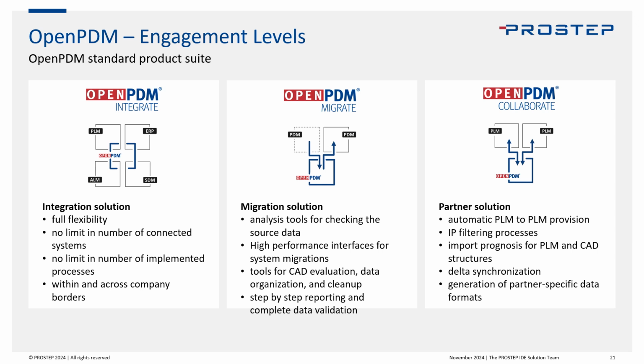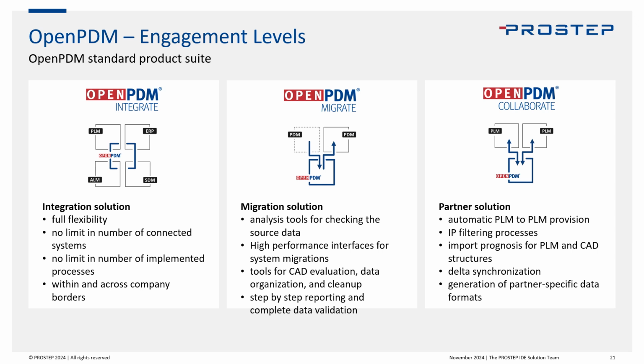We also have OpenPDM Collaborate that's intended to be a neutral PLM itself, or a bridge between different partners to have a PLM for something like an aerospace program or a joint venture or something like that.